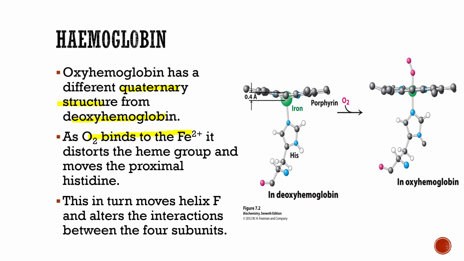Why are we talking about these structural changes? Because they are very important for the binding as well as removal of oxygen. Hemoglobin has to bind the oxygen, and when it is at the lungs it has to release the oxygen. The binding and releasing have a cooperative nature so that the process is done smoothly.